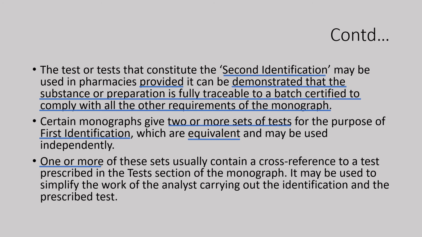One or more of these sets usually contain a cross-reference to a test prescribed in the test section of the monograph. It may be used to simplify the work of the analyst carrying out the identification and the prescribed test. So generally there will be a cross-reference to another specific test which gives the same conclusion or result.